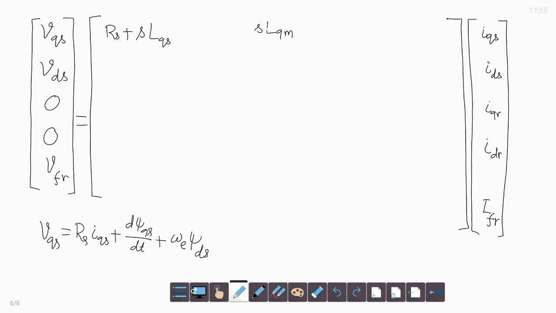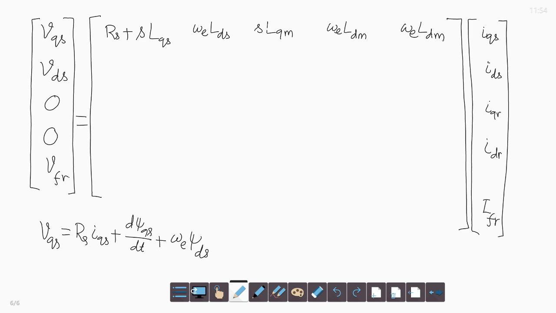Omega E psi ds is omega E LDS into IDS plus omega E LDM into IDR from the d axis damper winding, then from the field circuit omega E LDM into IFR, because psi dm, the mutual flux, is LDM into IDR plus IFR plus IDS.